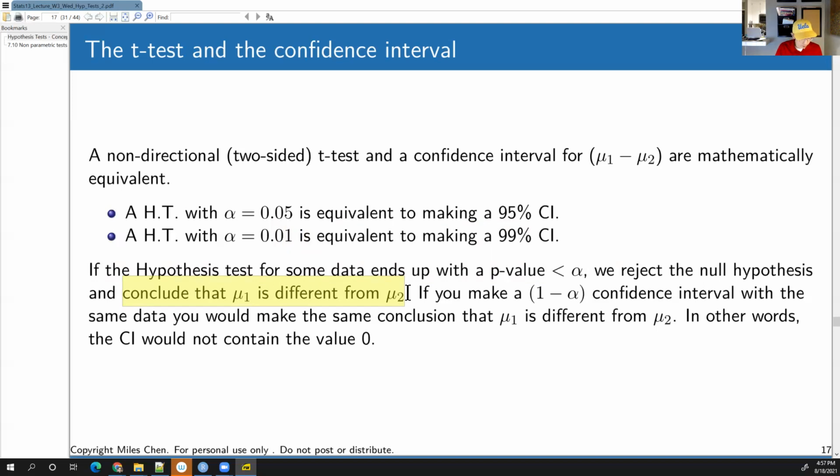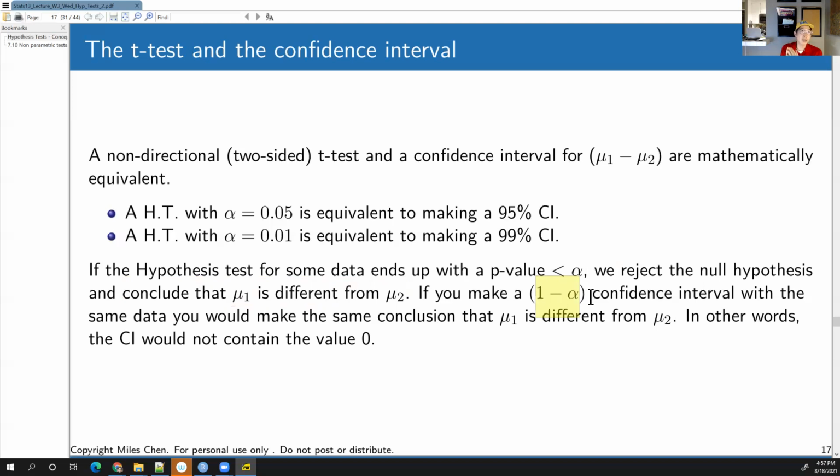If you were to take that same data and create a confidence interval with confidence level 1 minus alpha, so if it's a 5% alpha and you create a 95% confidence interval, then that confidence interval will make the same conclusion that mu1 is different from mu2, right?